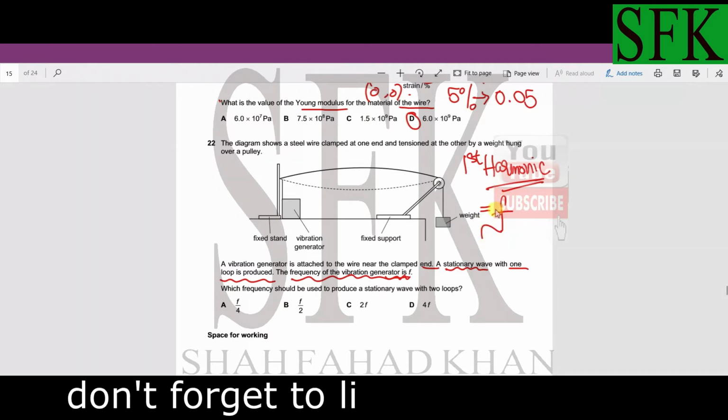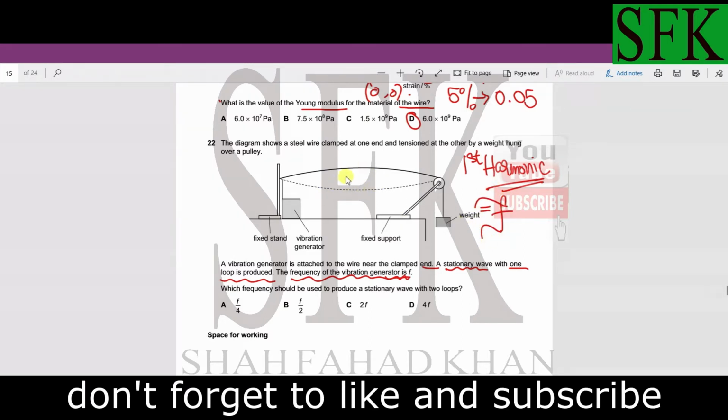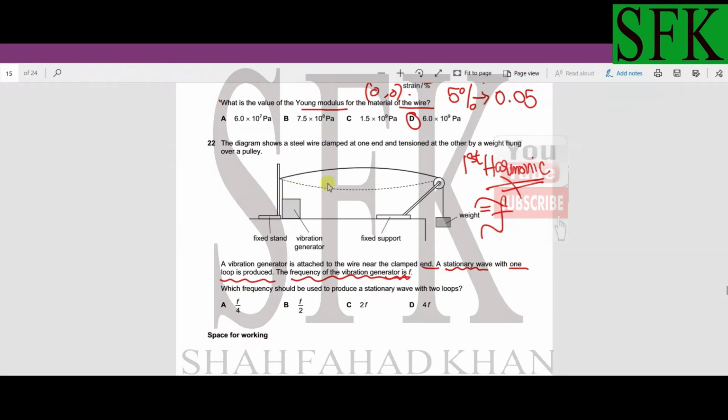So if you want to form more loops in the stationary wave, then you must adjust the frequency of this vibrator to multiples of f. So if you want stationary waves with a greater number of loops, you must increase the frequency to 2f or 3f or 4f, multiples of f.